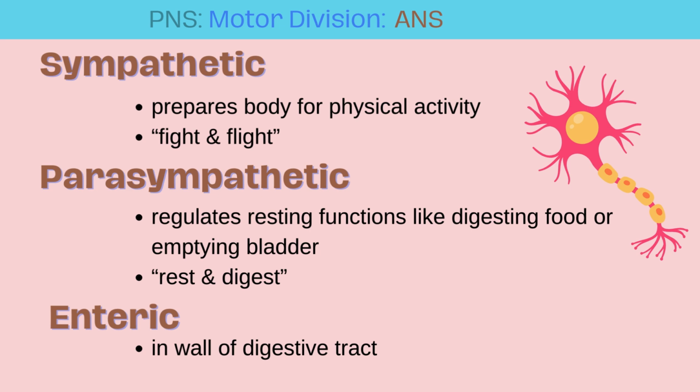The sympathetic nervous system is the fight and flight nervous system, which prepares the body for physical activity. The parasympathetic nervous system is also known as the rest and digest nervous system. It regulates functions like digesting food and emptying the bladder. The enteric nervous system is found in the wall of the digestive tract.